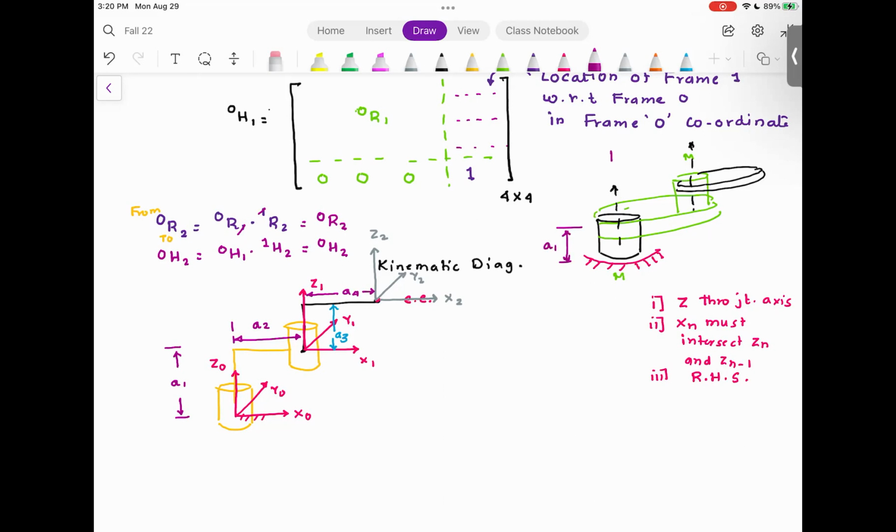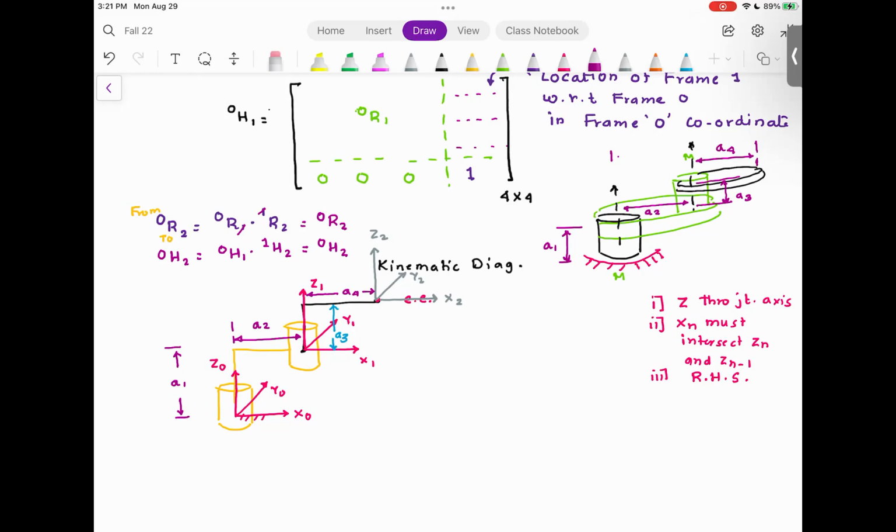This length is A2. This length is A3. And this length is A4. Are you with me so far?